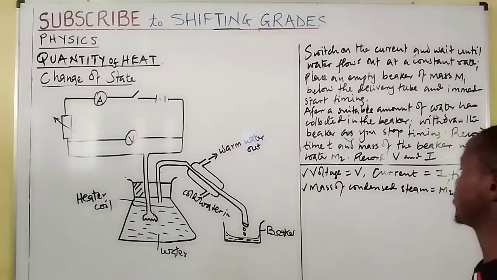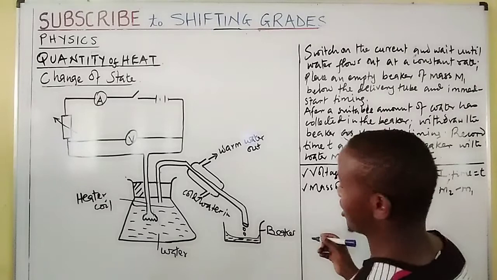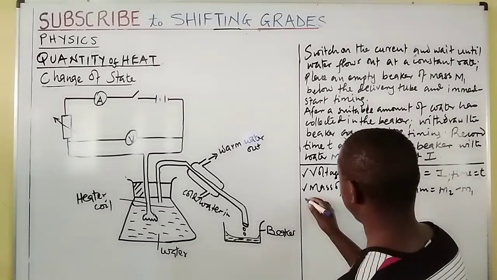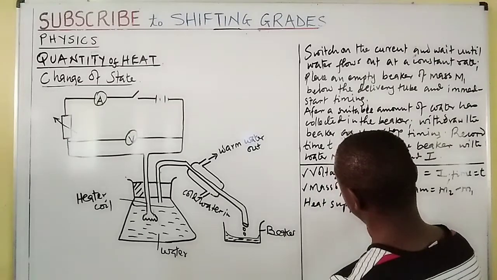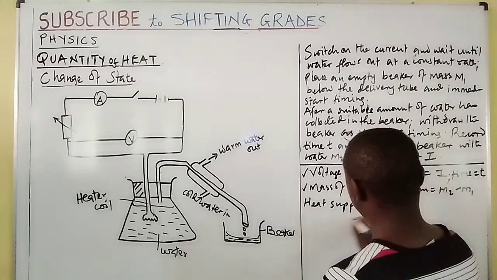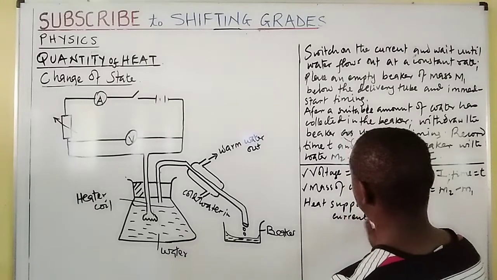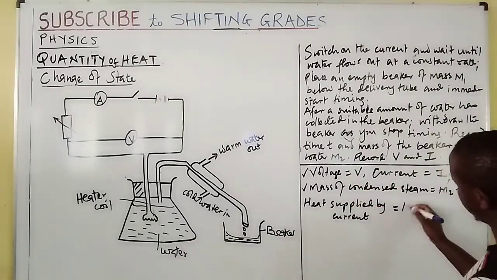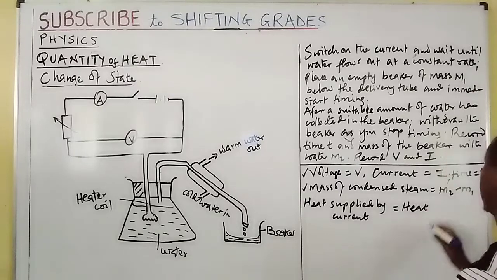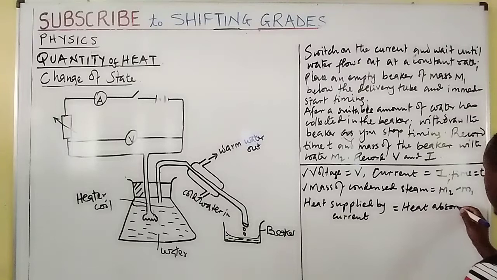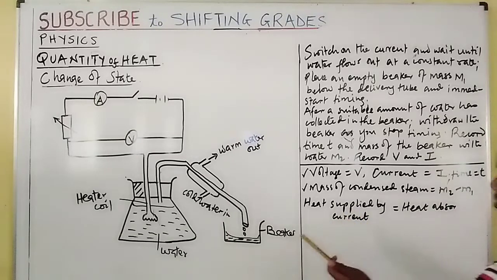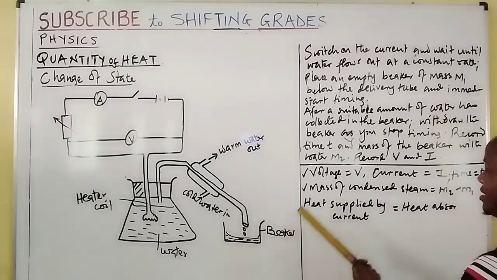Then after that, now we will see. Assuming that there is no heat loss to the surrounding, the heat supplied by the heater will be equal to the heat absorbed, because it is the heat which has been gained by the steam.